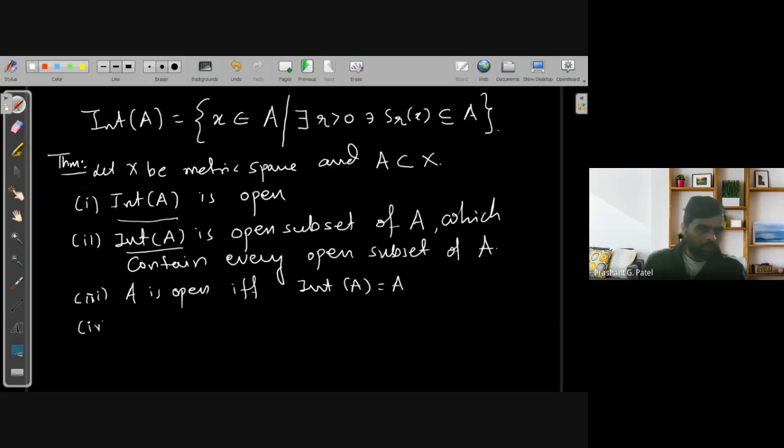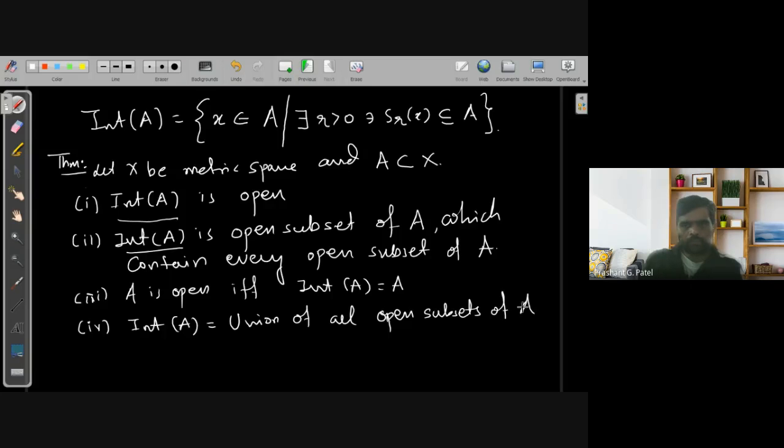And the fourth property says that the interior of A is a union of all open subsets of A, which also includes this statement. If I prove this one, then it will also include this also. So it will be the union of all open subsets of A.